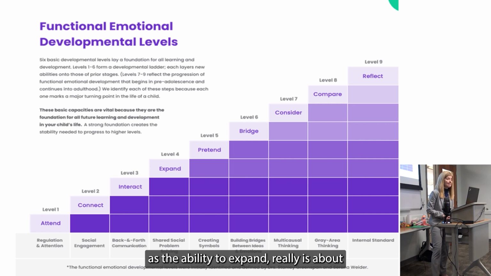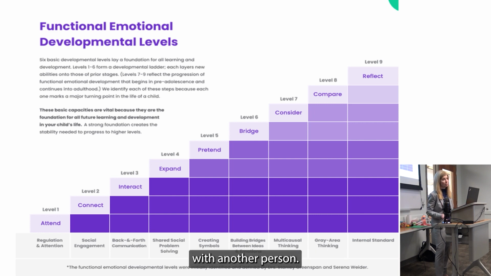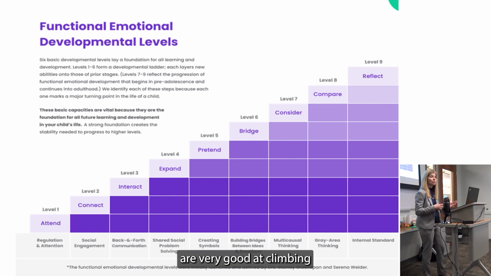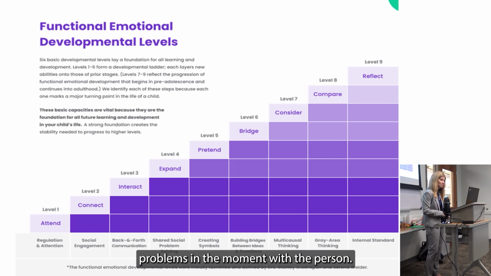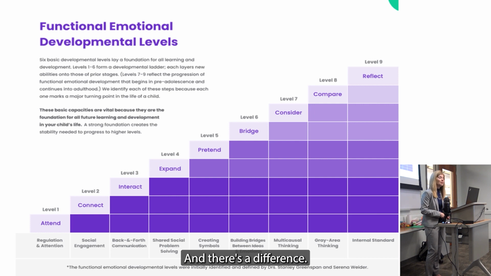It really is about the child being able to solve problems, but not alone, but with another person. For example, many of the children I've worked with over the years are very good at climbing and reaching things that are really interesting to them, whether it be accessing an iPad or a preferred food in a kitchen cabinet. But this is the ability to solve problems in the moment with the person. There's a difference.